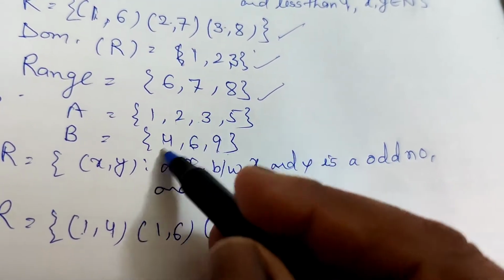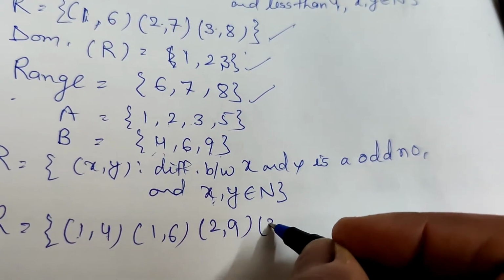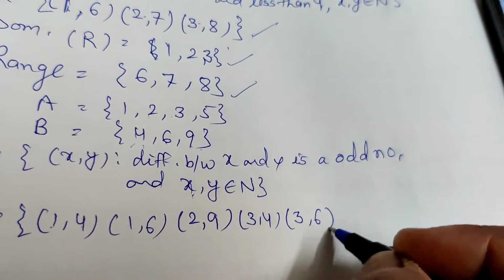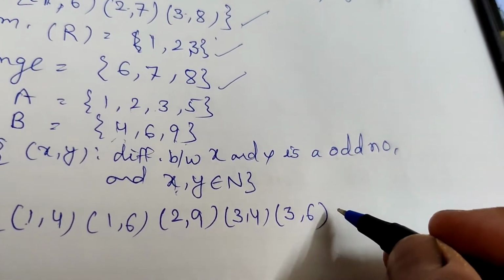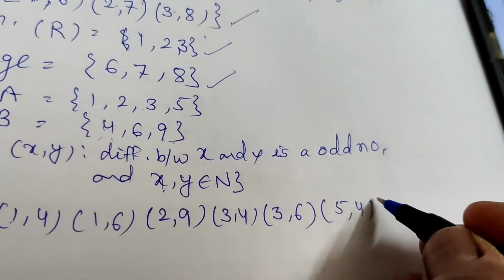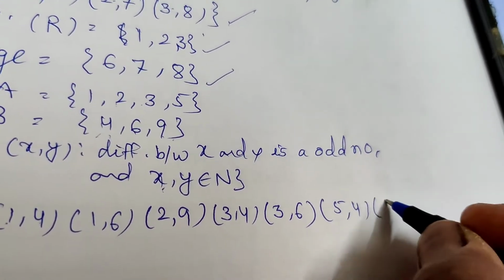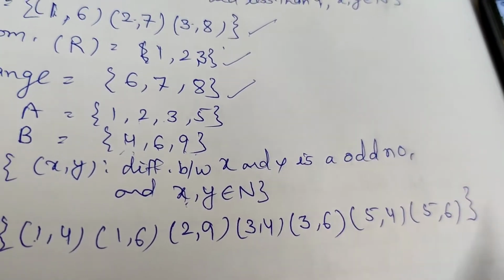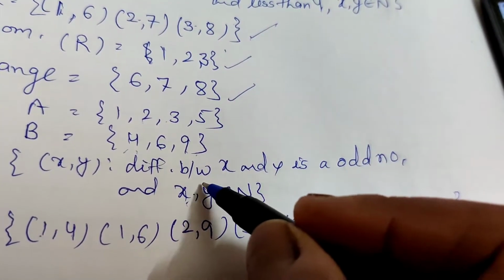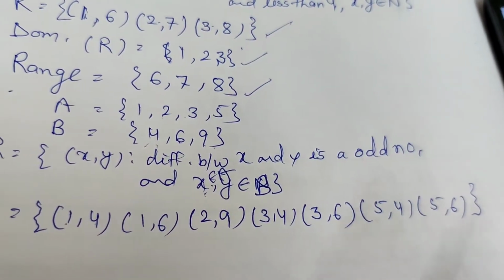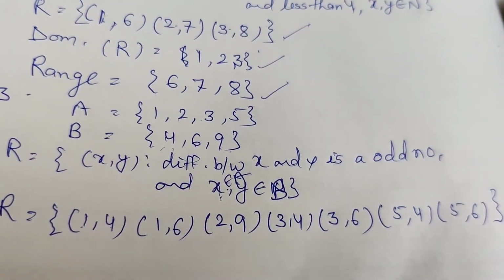And 3, 4, 3, 6, 3, 9 no, 5, 4, 5, 6 only. X belongs to A and Y belongs to B. Okay. This is a relation set.